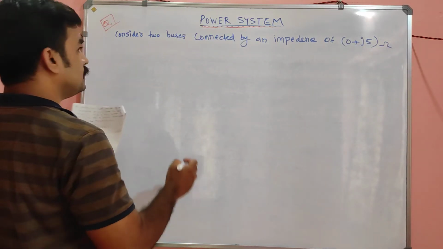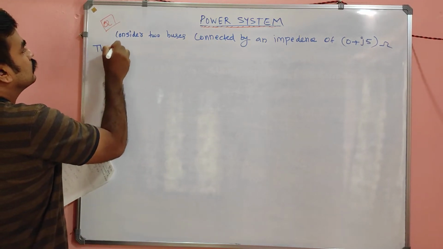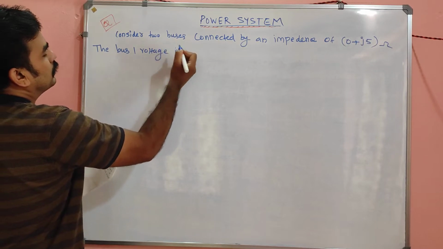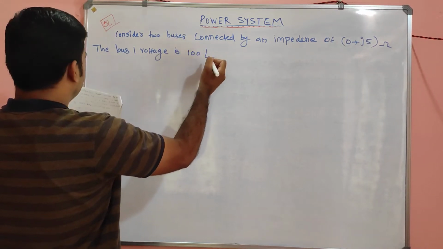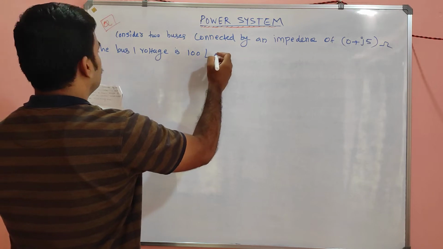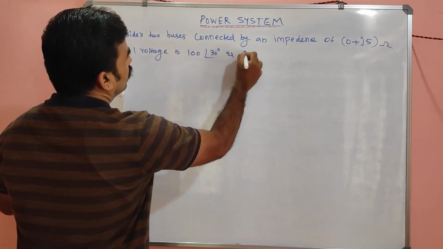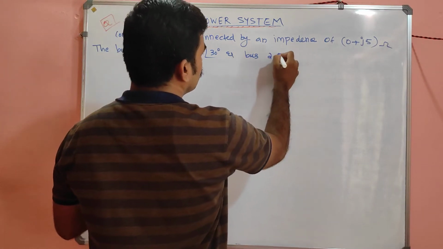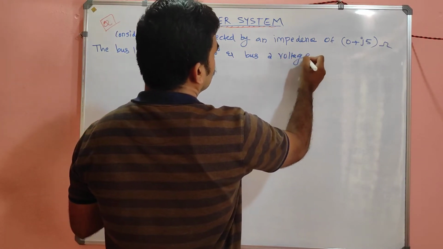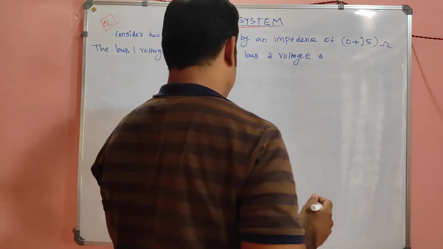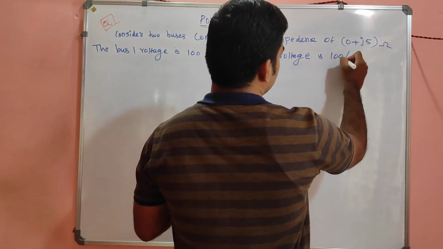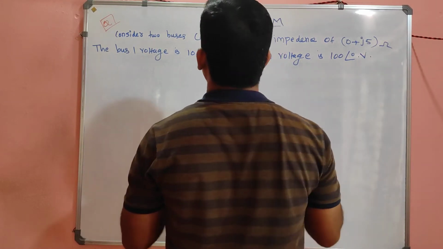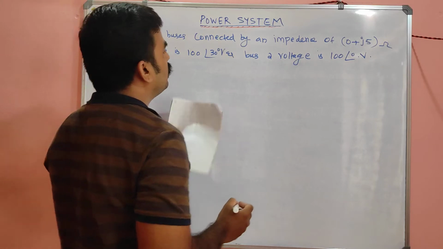The bus 1 voltage is 100 under angle 30 volt, and bus 2 voltage is 100 angle 0 volt.